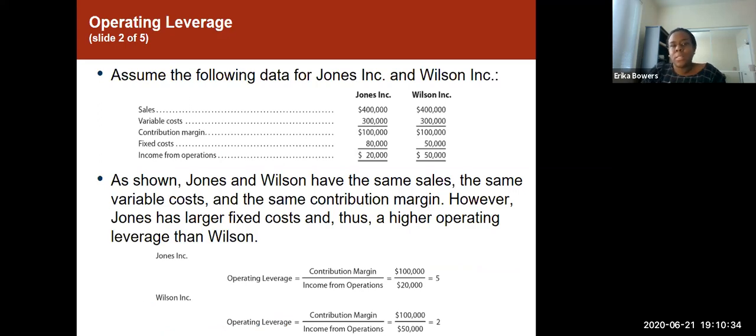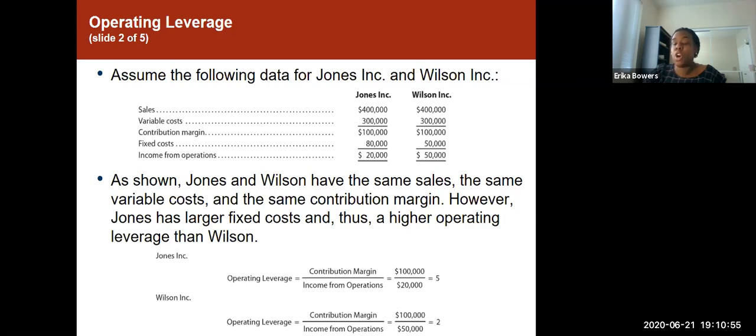So we're going to look at this. We have two companies. They both have the same sales amount. However, Jones has a larger fixed cost, and thus they have a higher operating leverage. Operating leverage is just your contribution margin divided by income from operations.